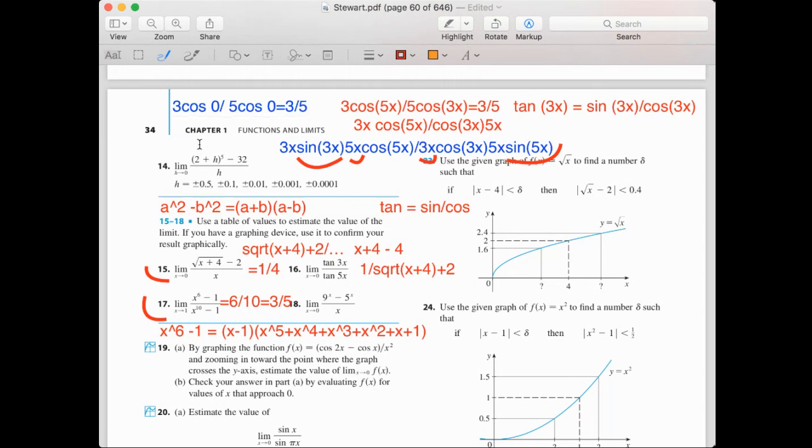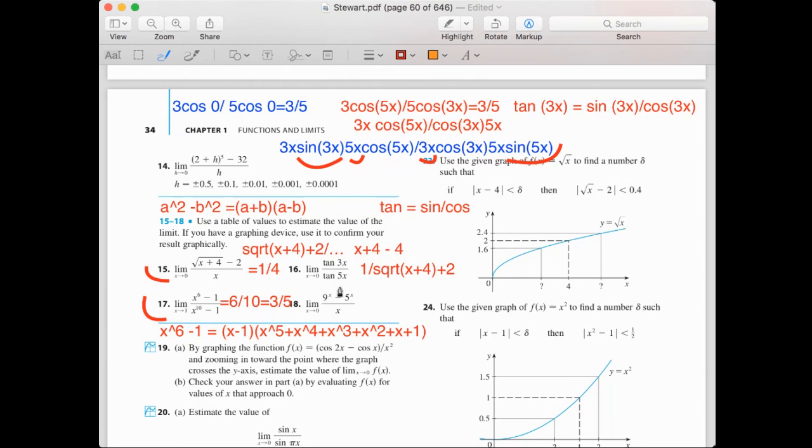Okay, does this make sense? Anybody has any question? Basically, use the property of tangent equals sine over cosine, then simplify from there.